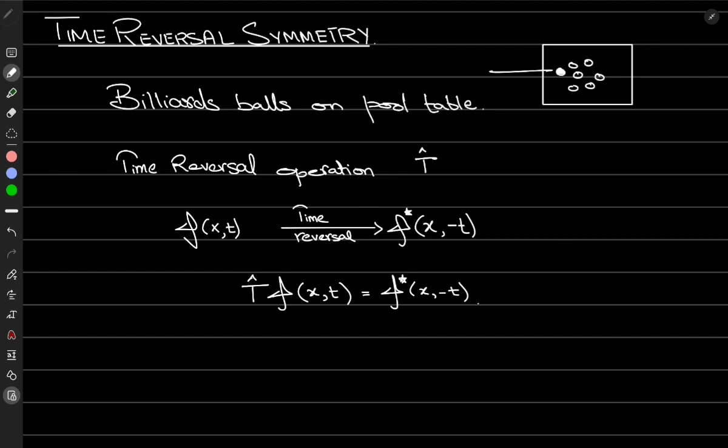Now, it's important also to note that this time reversal operator, this T hat, is a unitary operator. What does that mean? It means that it preserves the inner product of two wave functions. So what does that mean? That means that if I have a product of two wave functions, psi 1, suppose you have two systems, right?